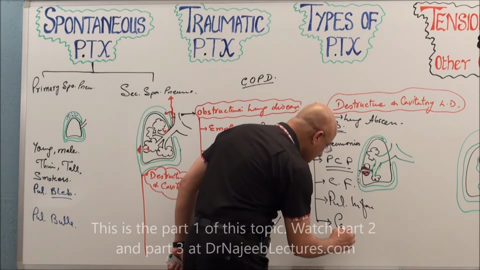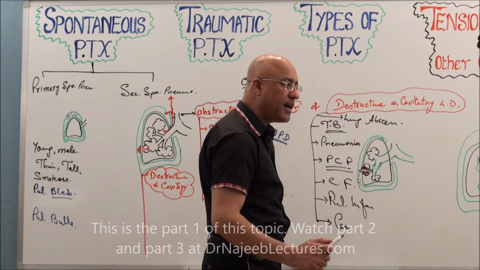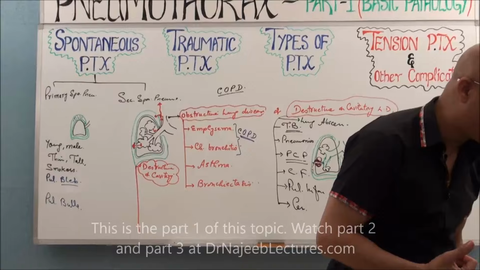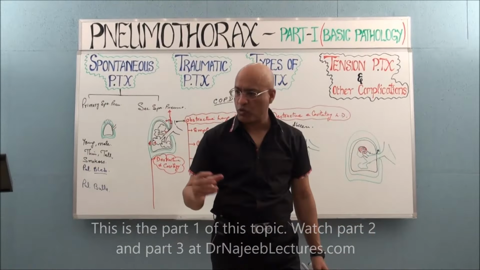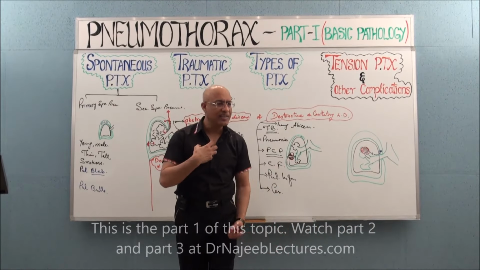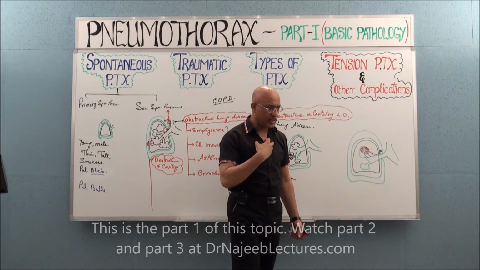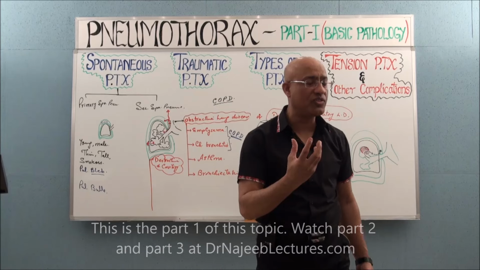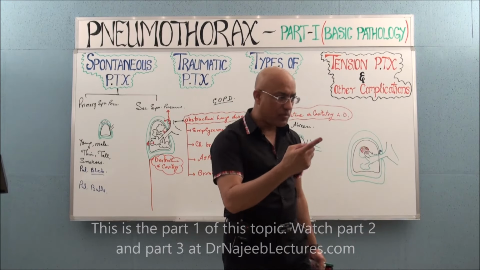Pulmonary carcinoma. Which lung cancer has a high chance of cavitary lesion? Squamous cell carcinoma. Usually these are central lesions. They achieve a bigger mass and then in the center they undergo necrosis and cavitation, right?